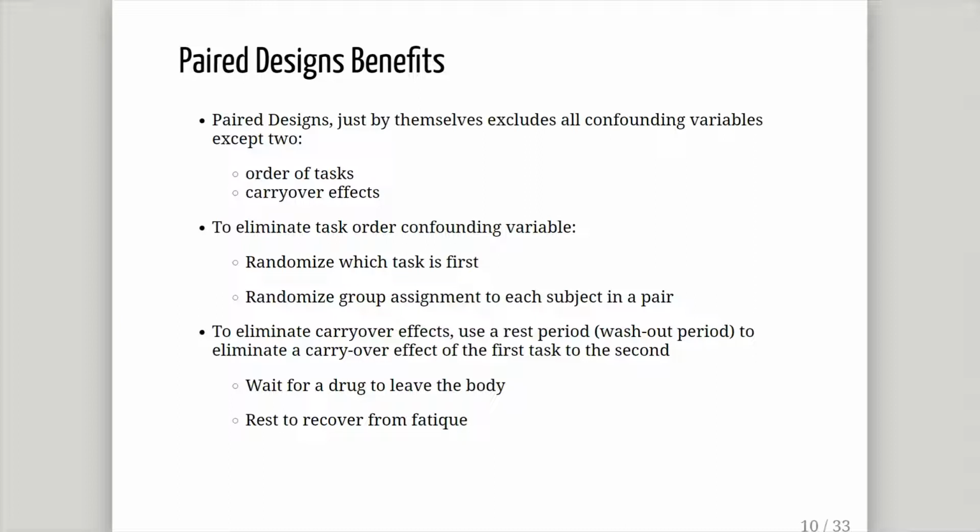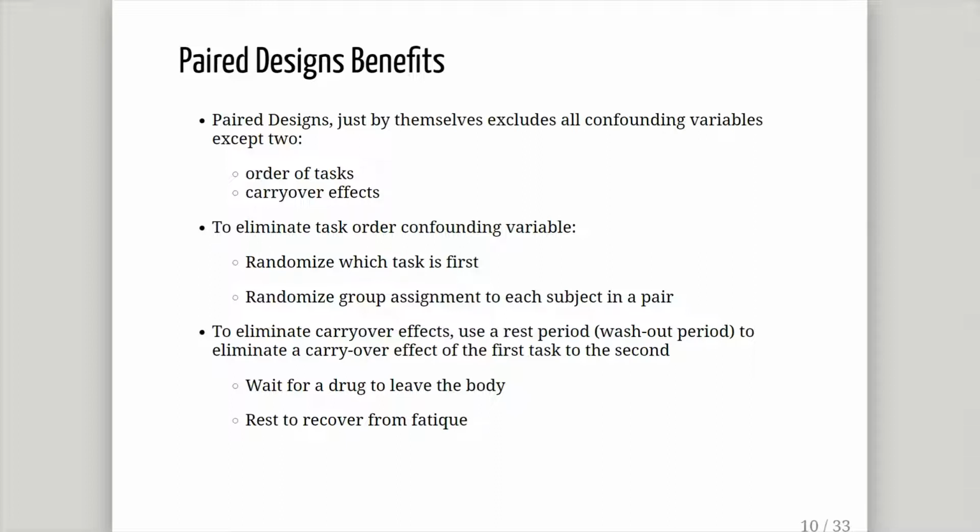That's a huge benefit. There are still two confounding variables that we will have to worry about and eliminate by following the following strategies. The first confounding variable is called order of tasks.